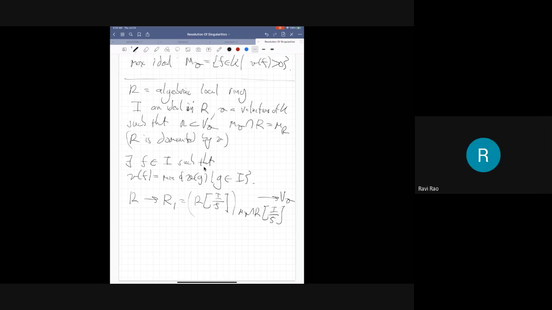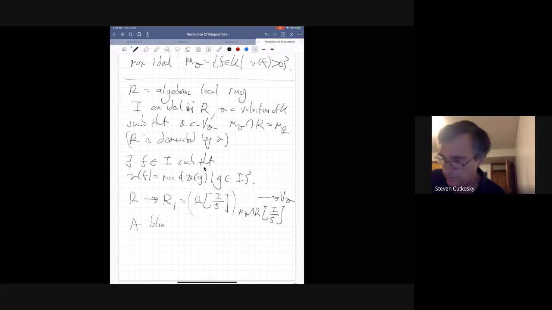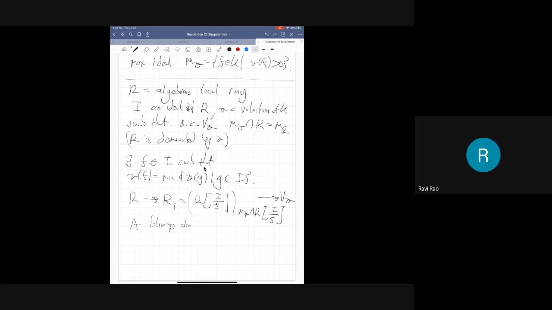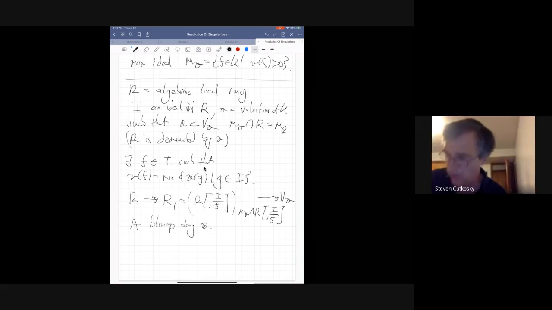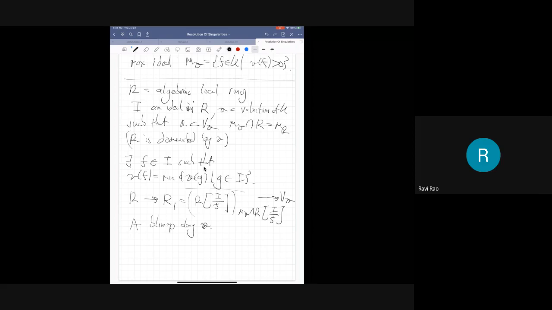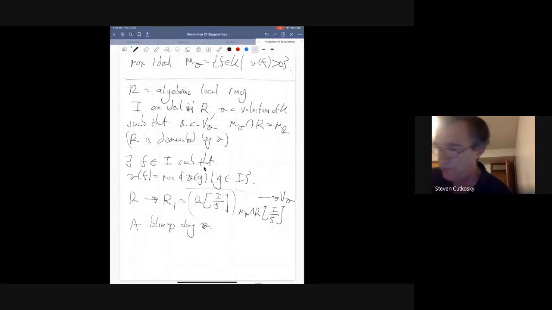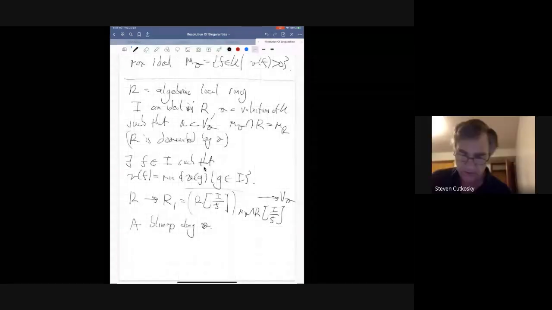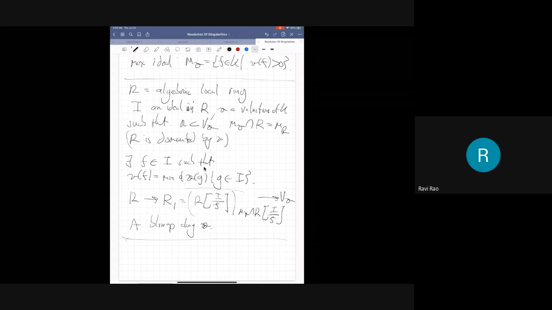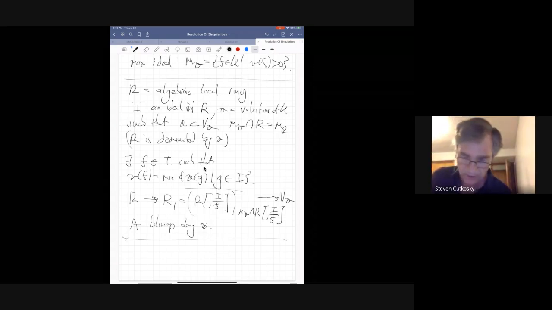So this is a blow up along ν. That's how you blow up. And in fact, you can do this by, for instance, blowing up non-singular subvarieties, if you like. Okay, so one example of this is the normalization.